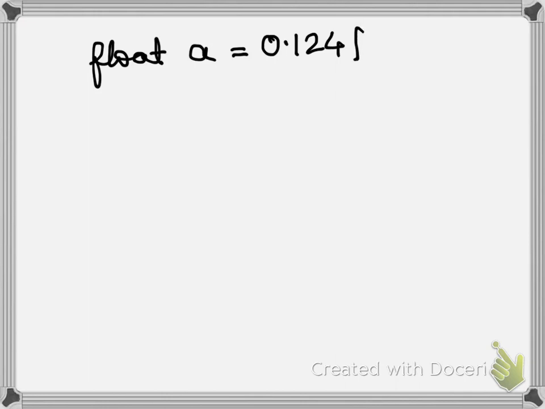So this is for integer. You can have it for any other type, say float a is equal to 0.124. I can put an f here. Then char x, so the name of the variable is x, and to this I am assigning the character literal a.